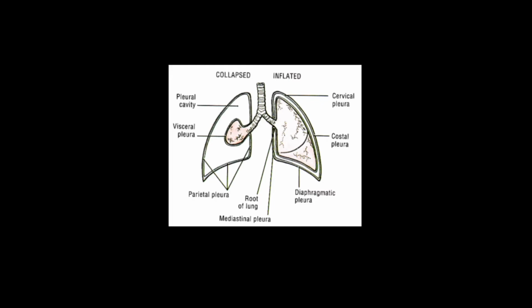So it's just renamed as a cervical pleura. It is actually just the same pleura, but it's just telling you where the pleura is located. And of course, the pleura that rests above the diaphragm is called the diaphragmatic pleura. And the pleura that is adherent or very close to the mediastinum is called the mediastinal pleura.